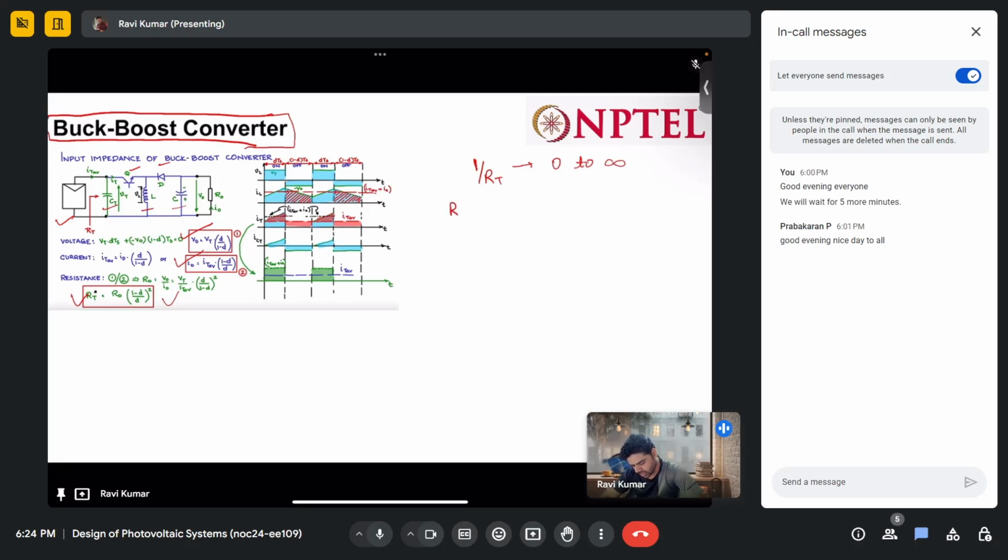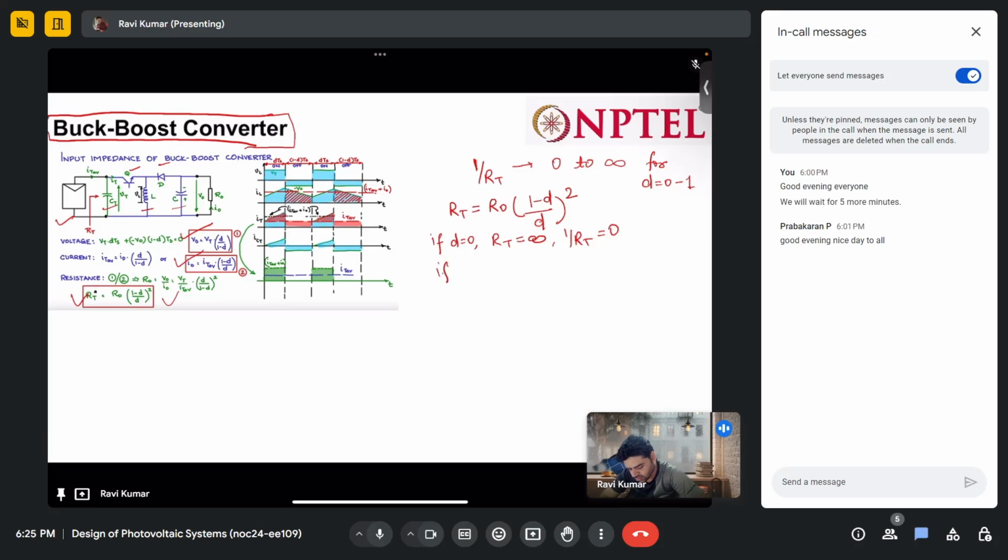So we obtain RT equals R naught times (1 minus D) by D square, and D will vary from 0 to 1. If D equals 0, 1 by 0 will be infinite, so RT will be infinite and 1 by RT will be 0.